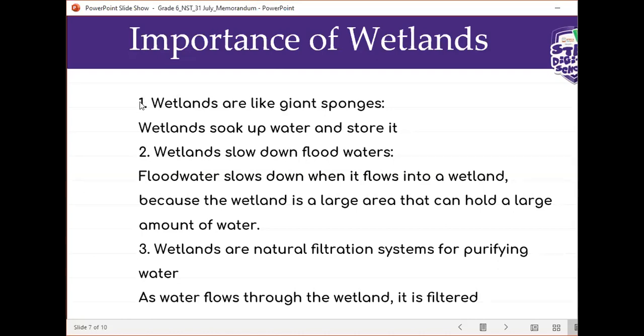You get a mark for that first part, saying that wetlands are like giant sponges, and then your second mark for explaining why you say that. Then your next mark comes when you say that it slows down flood waters, and for your explanation you get another mark, then another mark for your third reason, as well as a mini explanation. Okay, Kia?